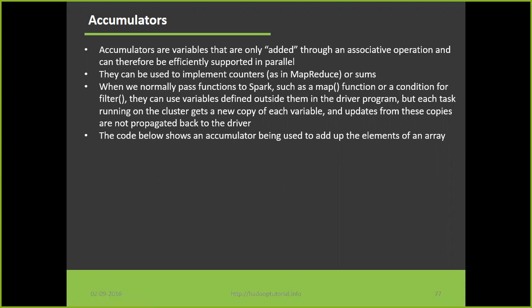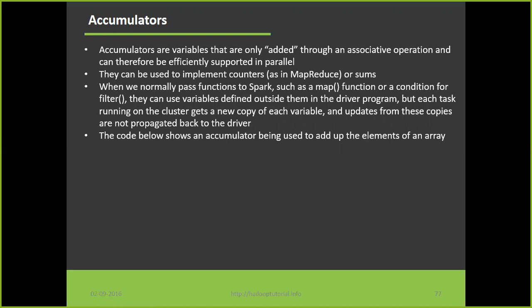Now I'm telling you a separate new copy of each variable. Every time, all the tasks will get 0 if I have a sum as 0. And updates from these copies are not propagated back to the driver. So there is no way that you can achieve the counters concept without the accumulators. In one single line, I have to conclude that.